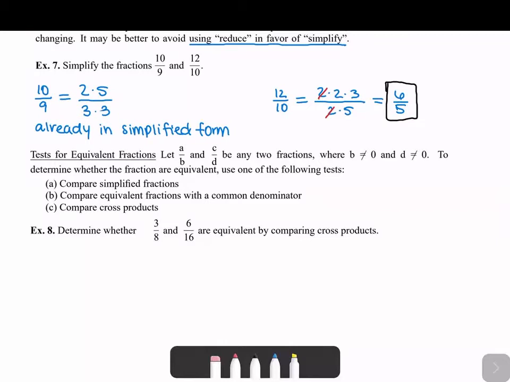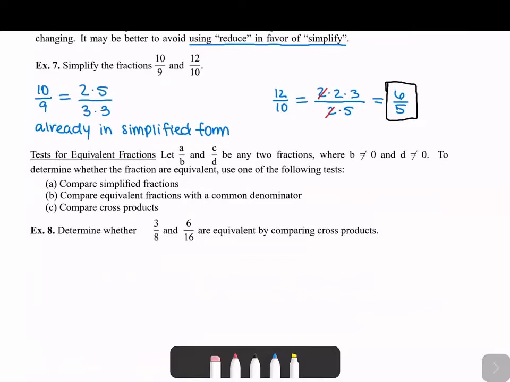In this process you take the fractions, put them both in simplified form, and then see if they're equivalent. The next thing we can do is compare equivalent fractions with a common denominator. So rather than changing them to simplified form, change them to a form where they both have the same denominator, and then compare them. And the last thing is to compare using cross products, which is called cross multiplication.